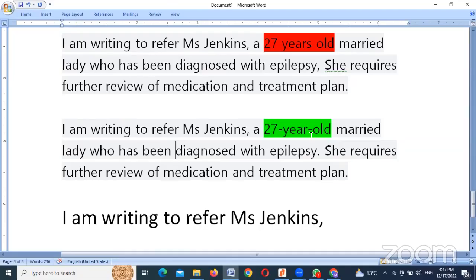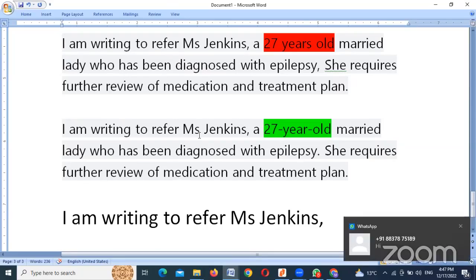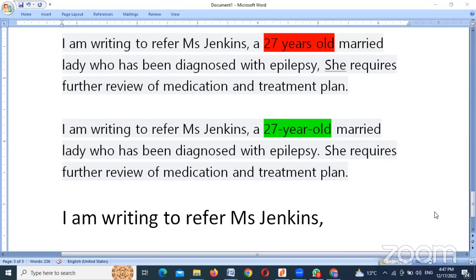Okay, she has epilepsy, but why do you need a review of medication? I will ask. So you are sending this patient to me. You are writing this letter to me. So I will say, okay, this was written by Rafia Mahmood, Dr. or Miss Rafia Mahmood or whatever. So I will ask you, this patient has epilepsy.